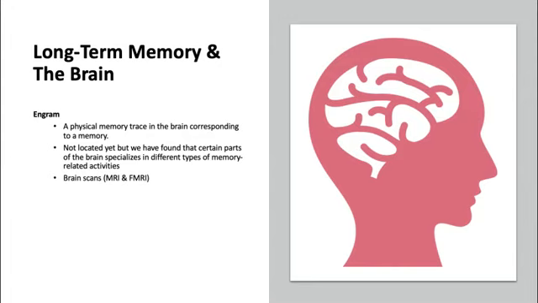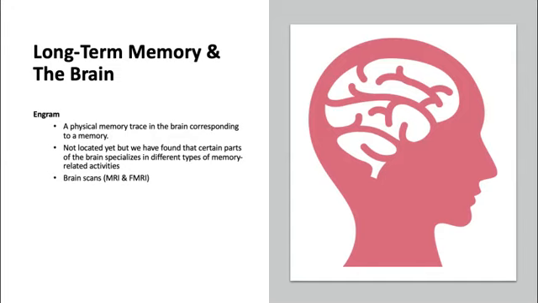Now, this hasn't been located yet, but with the use of current brain scanning techniques, things like MRIs or fMRIs, researchers have at least been able to locate certain areas of the brain that specialize in different types of memories. So perhaps not specific memories themselves, but the general category of different types of memories.